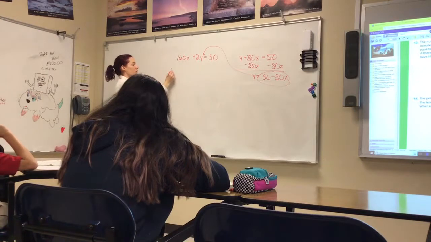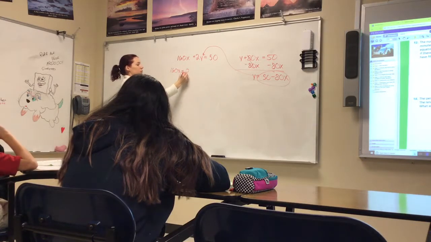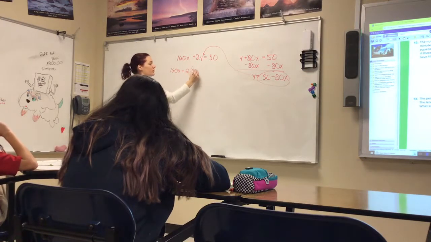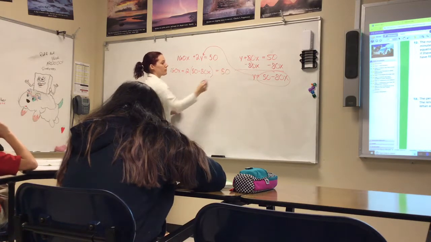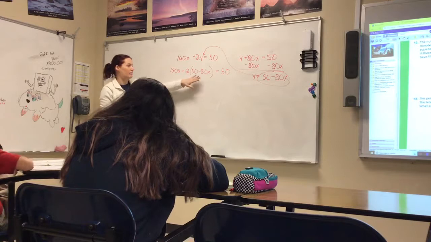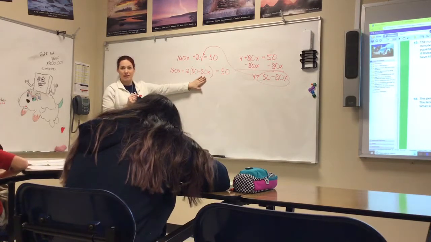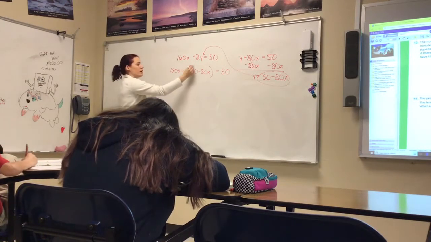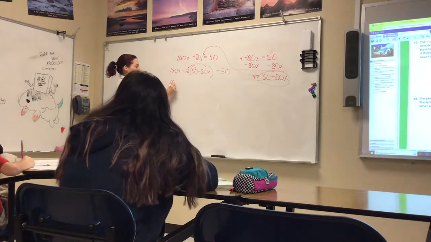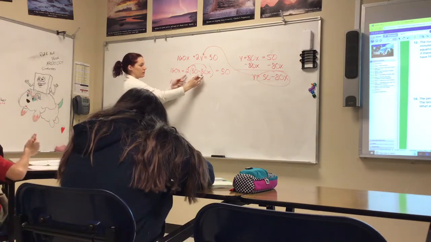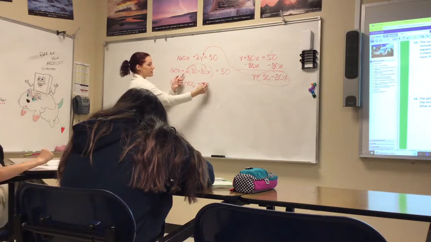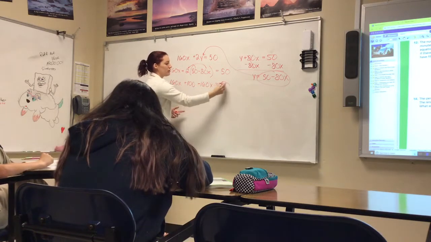So this becomes 160x plus 2 times... okay, so instead of 2y, I've got 2 times what y is equal to, 50 minus 80x. Distribute here. I would get 160x plus 100 minus 160x equals 50.